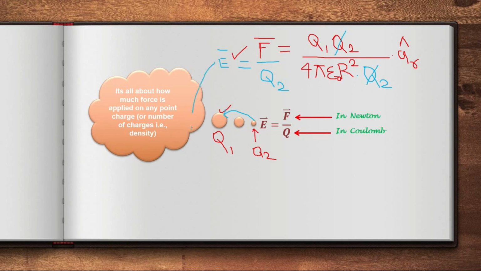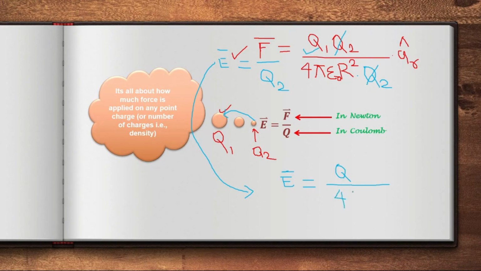So what will be the remaining formula for electric field intensity? Electric field intensity E bar, as it is a vector, will be equal to Q divided by 4 pi epsilon naught R square.